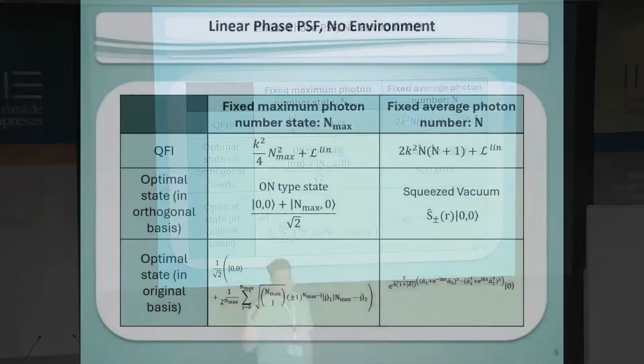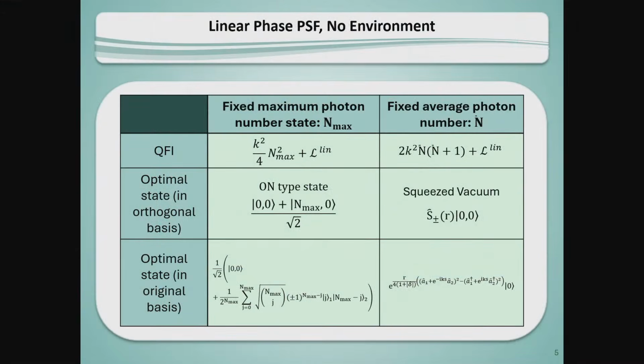One is to truncate the Hilbert space and just fix a maximum number of photons that you can possibly achieve. In that case, you get an NOON-type state as your optimal state. That is just an equal superposition of the vacuum state and the maximum photon number state.